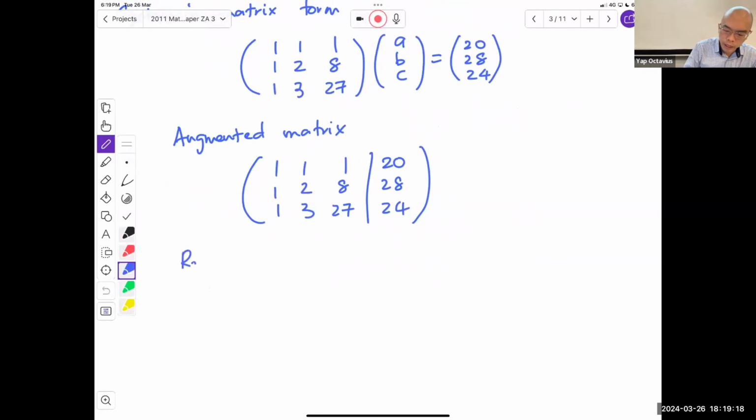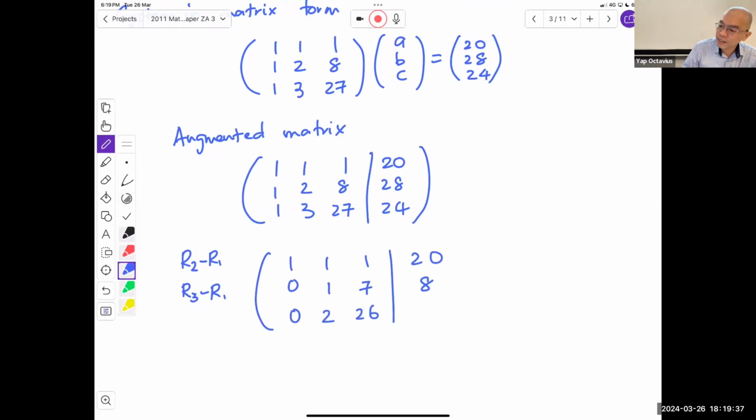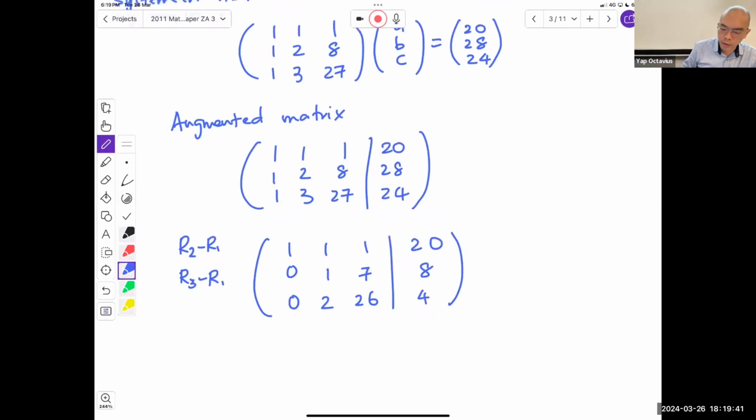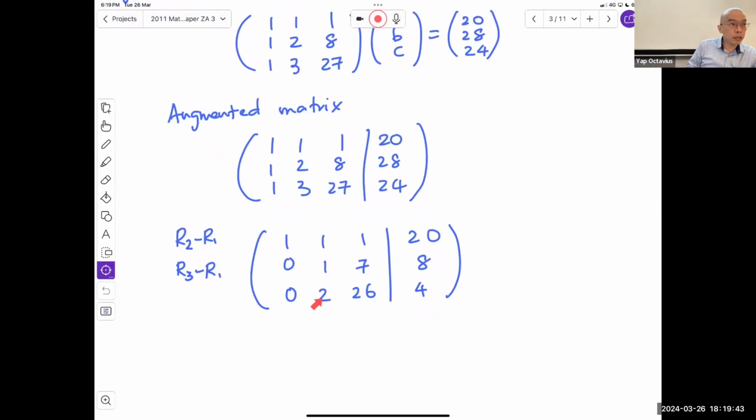So R2 minus R1, R3 minus R1. Okay, 0, 0, 1, 7. Okay, I have the answer. I don't usually do this fast because I'm looking at my answer. Then one more step is to just get this to 0.